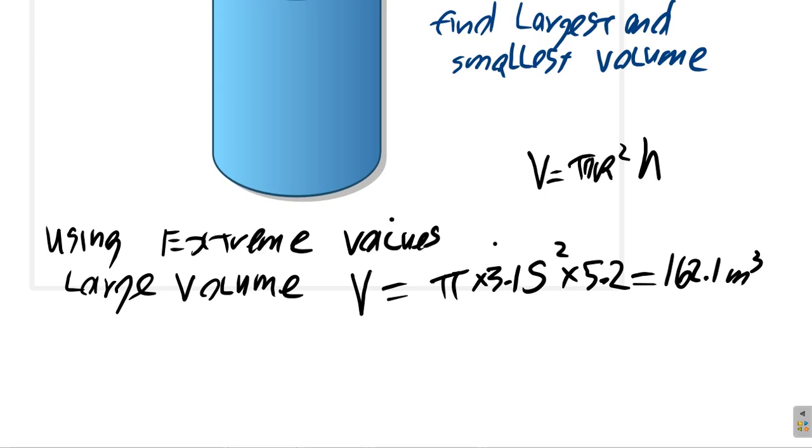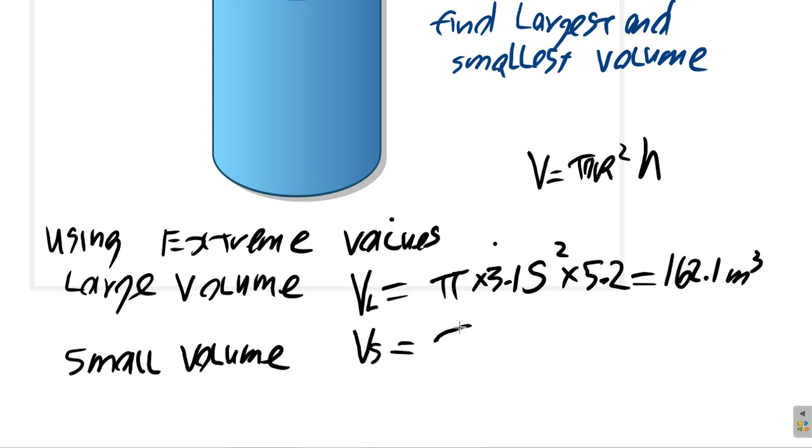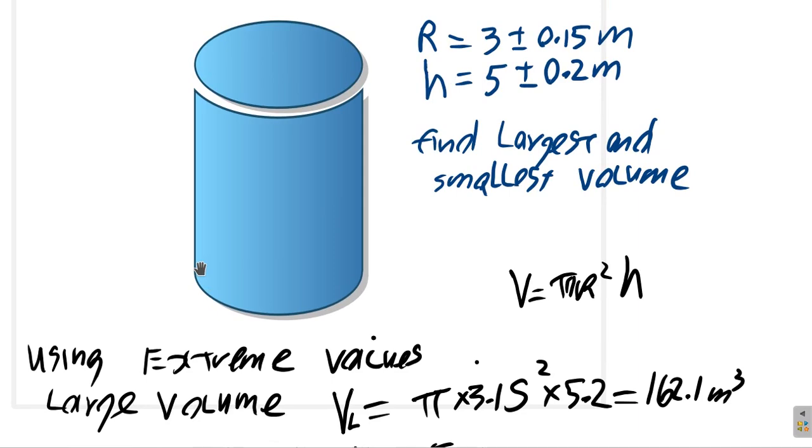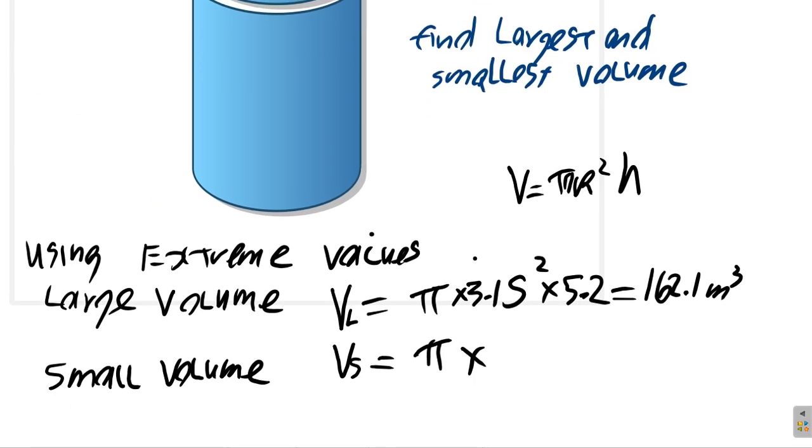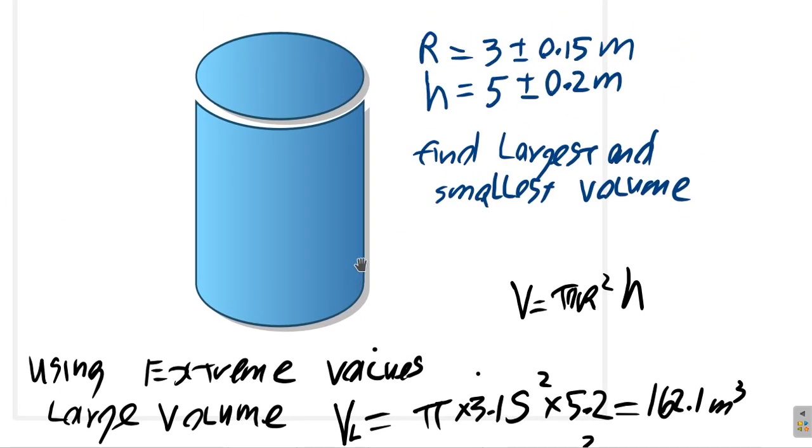Now, the volume at the smaller end of the scale, let's call it VL and VS. Volume small would be pi times 3 minus 0.15, which is 2.85, squared, times the smaller height, 5 minus 0.2, which is 4.8.